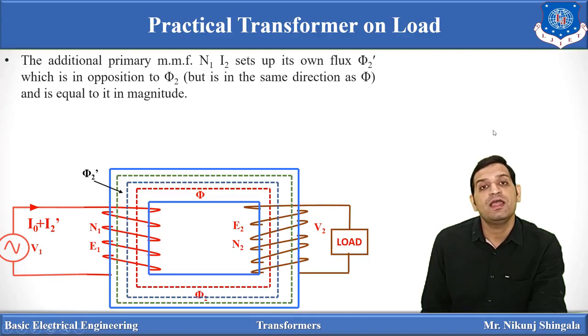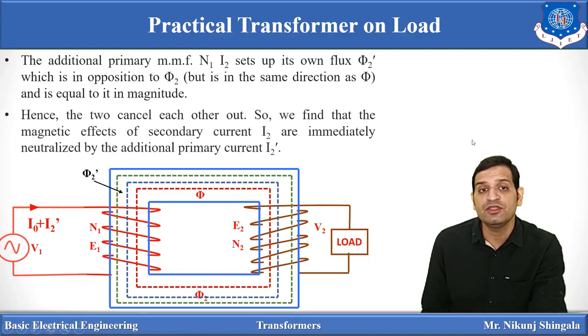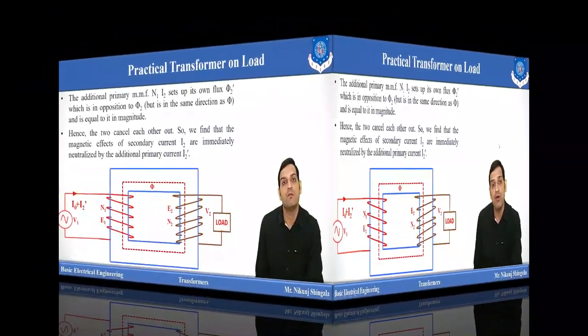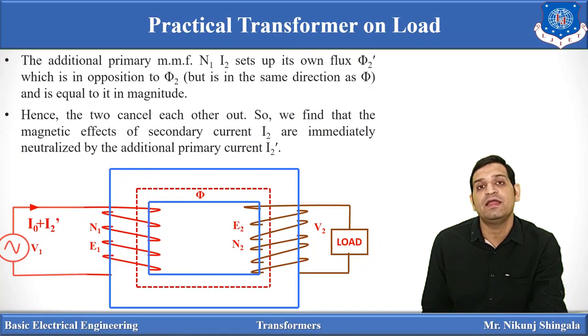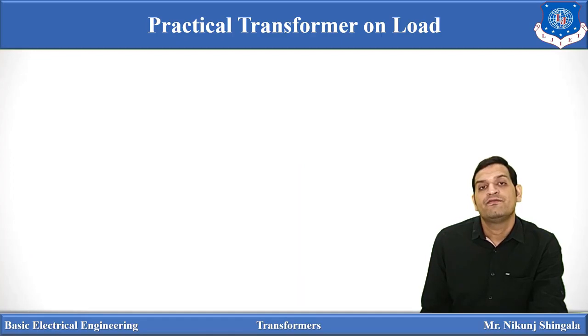So phi2 dash and phi2 will cancel out each other, and the main flux phi will be retained. As both fluxes cancel out each other, we can see that the magnetic effect of secondary current I2 is immediately cancelled out by I2 dash. Phi2 and phi2 dash are equal in magnitude and opposite in direction, so we can write phi2 is equal to phi2 dash.